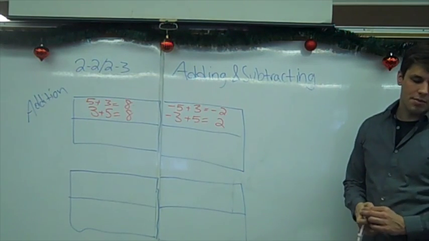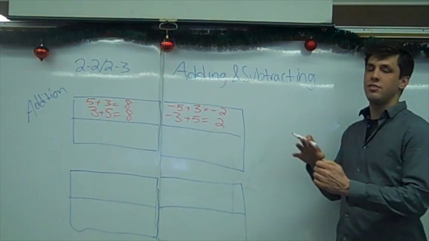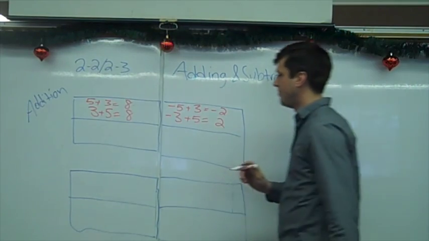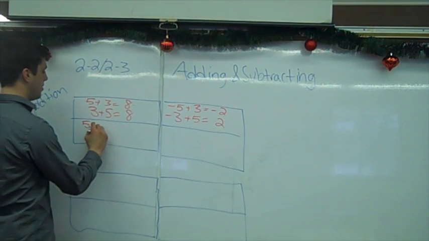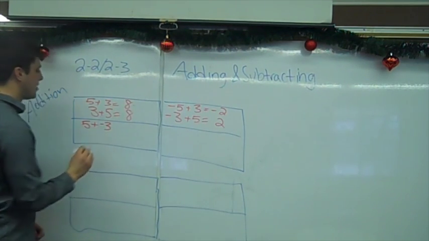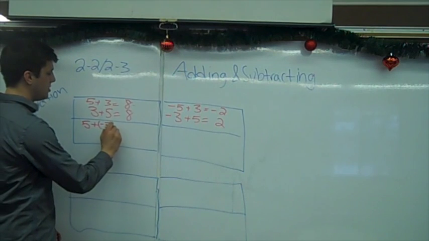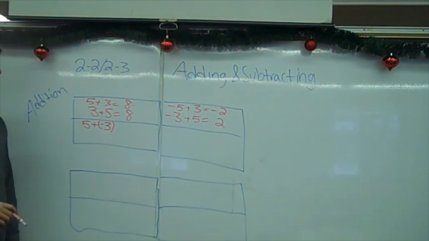Right, the next column, we have a positive, and then we're adding a negative. So 5 plus negative 3. And in your book, they'll usually write parentheses around the negative 3 like that.